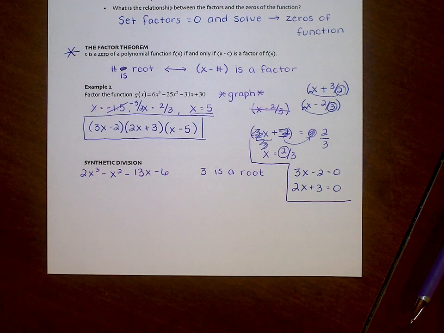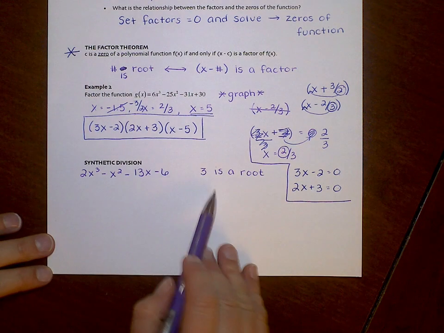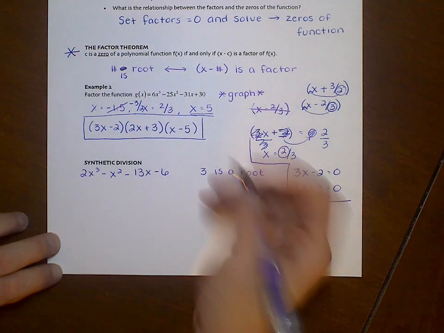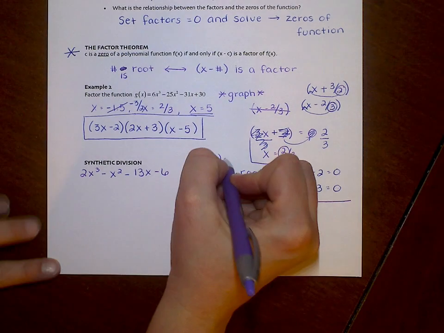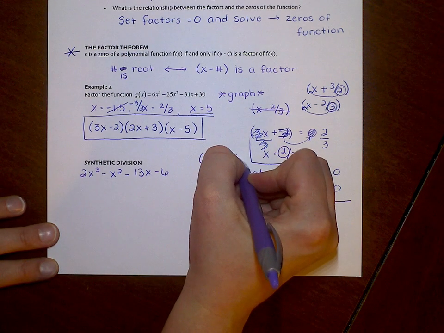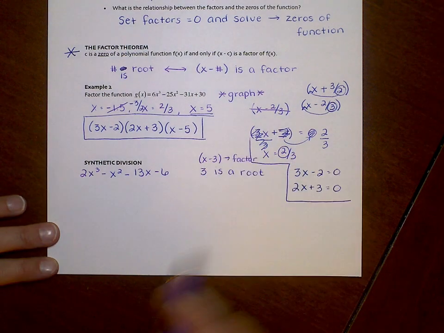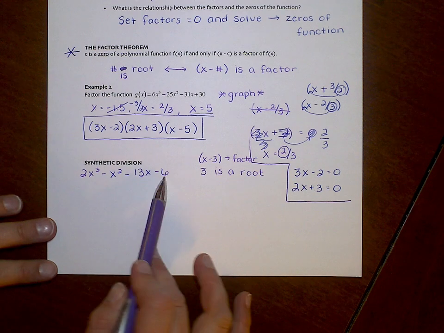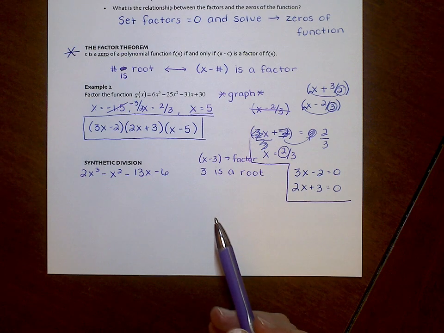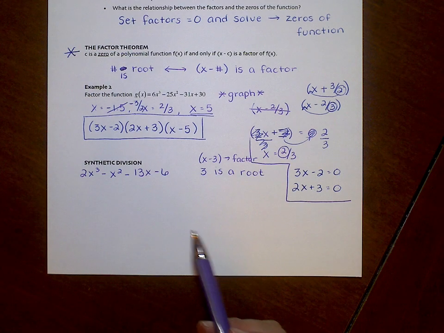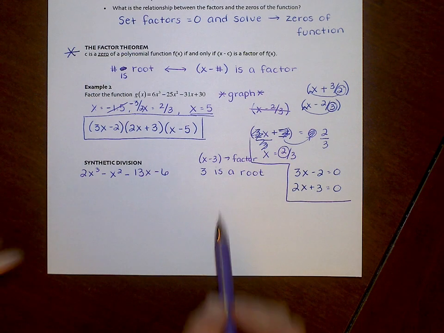Here's what synthetic division is really doing. If I know that 3 is a root, then I also know that x minus 3 is a factor. So this is essentially me taking this polynomial and dividing by x minus 3. I could do long division if I wanted to, but synthetic division is meant to be a shortcut, okay?